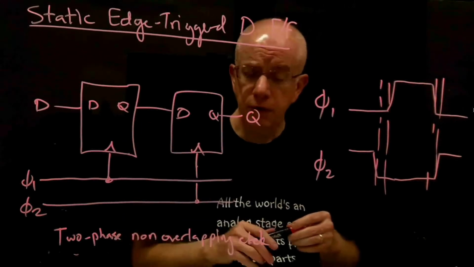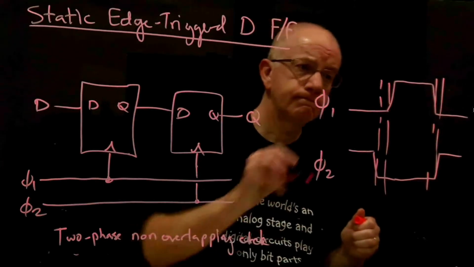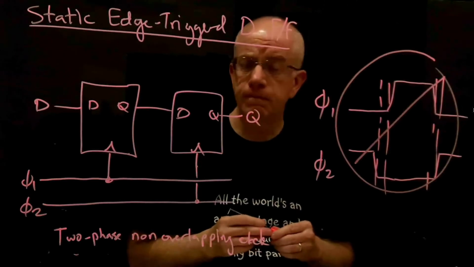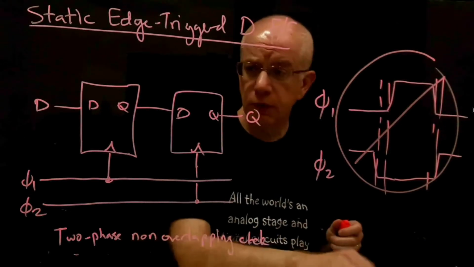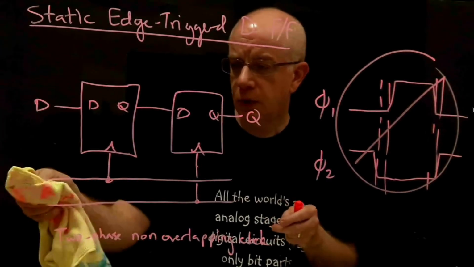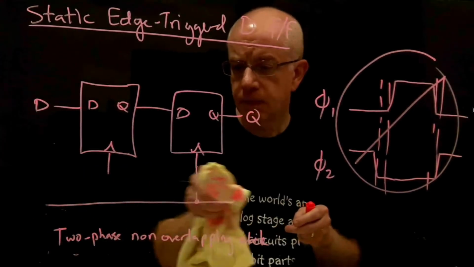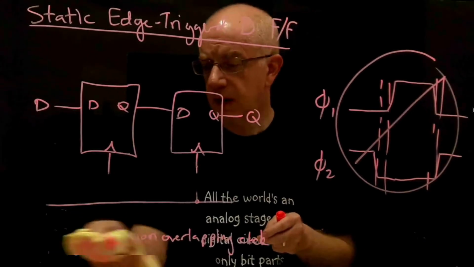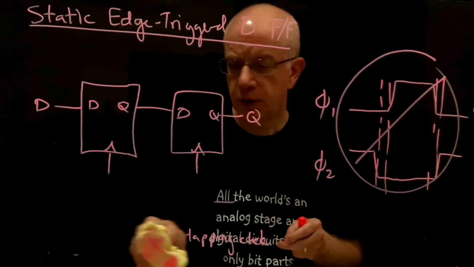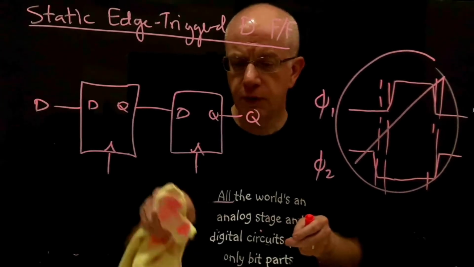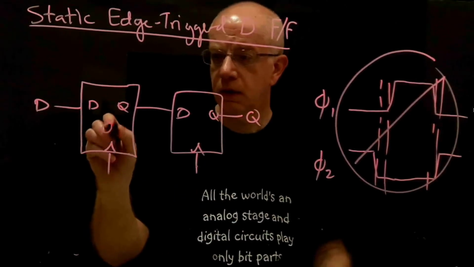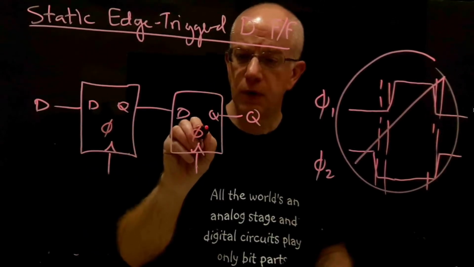Okay, so instead of doing this and having to worry about clock skew, we're going to make the first latch what we're going to call a phi latch, and the second latch a phi bar latch. So we're going to make two versions of our level sensitive latch. We're going to call this one a phi latch, and this one a phi bar latch.